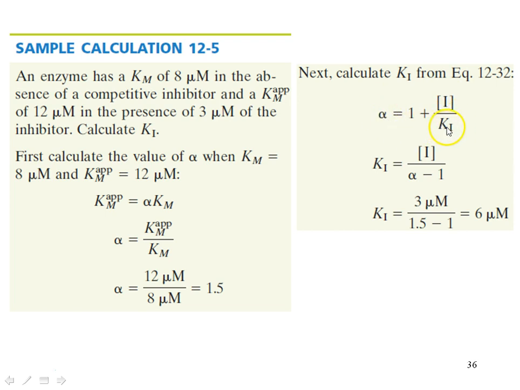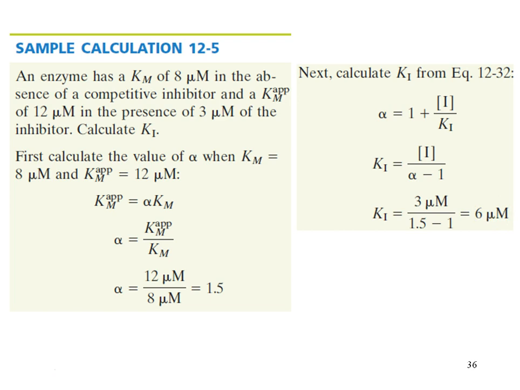The only unknown is Ki. Solve for Ki, you get Ki is 6 micromole per liter. Notice that Ki has the dimensions of concentration as it should, since it is a dissociation constant of an enzyme inhibitor complex.